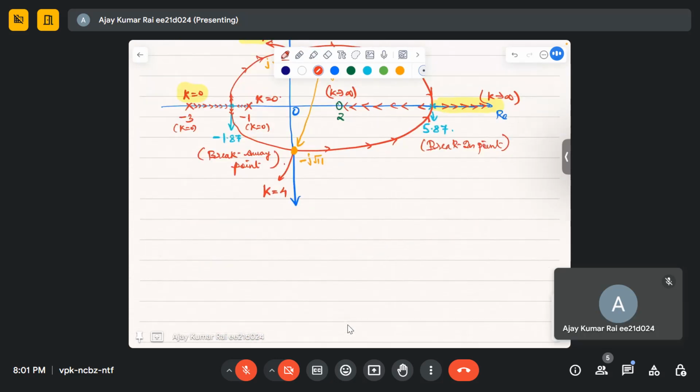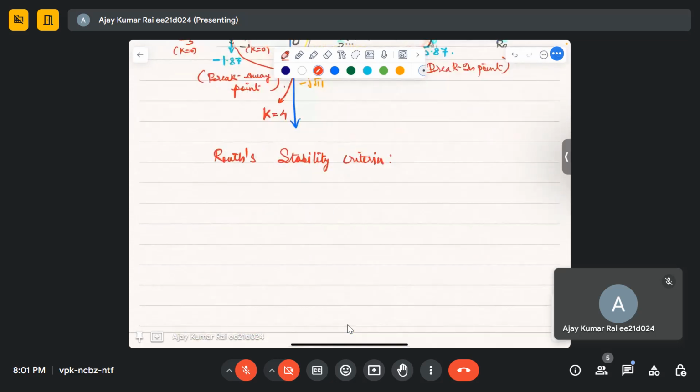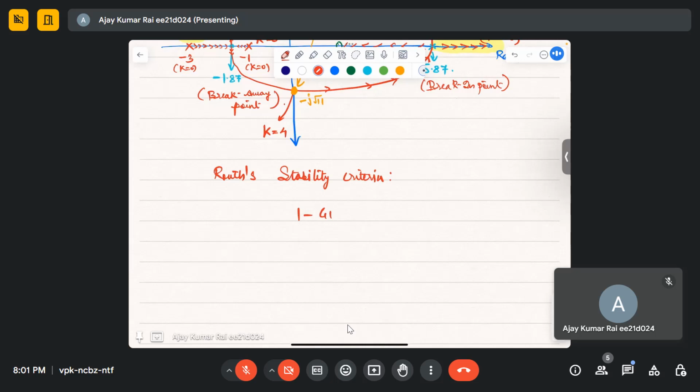First this question, and you can also check it from Routh's stability criteria. For that what we need is 1 minus GSHS because of positive feedback. So what is that equation?